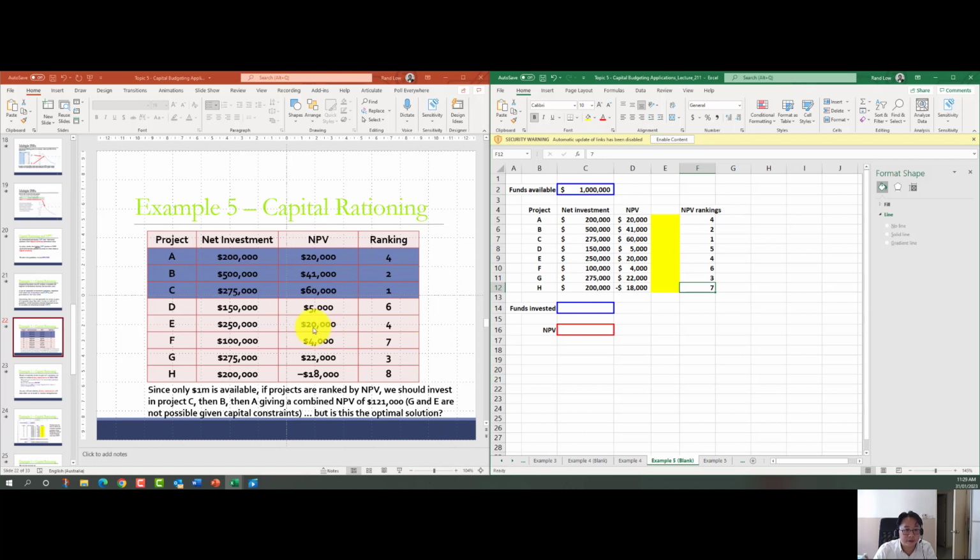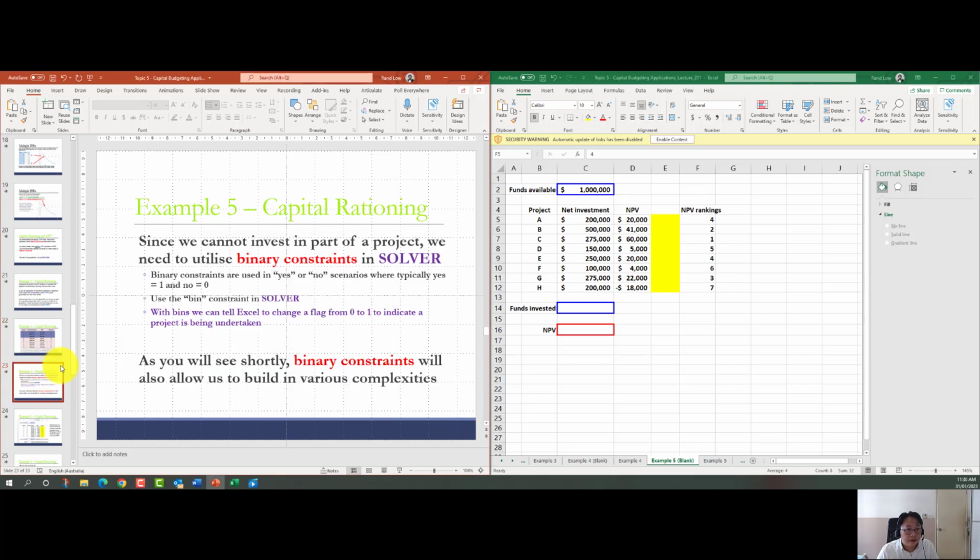There is a slight error over here, there's no number 5, but these would be the NPV rankings if we just look at the positive NPV values. So the issue we have is whether or not these NPV rankings are the optimal solution. So what do we do next?